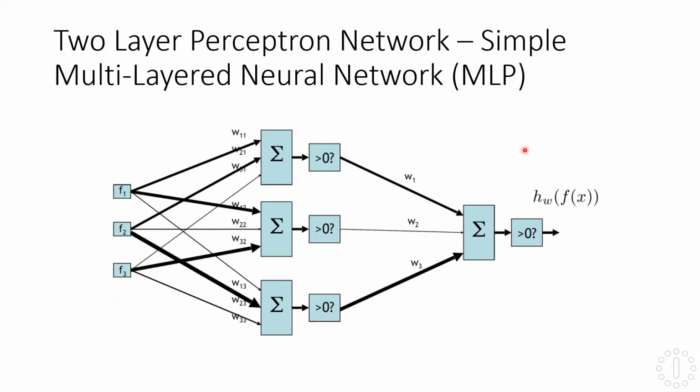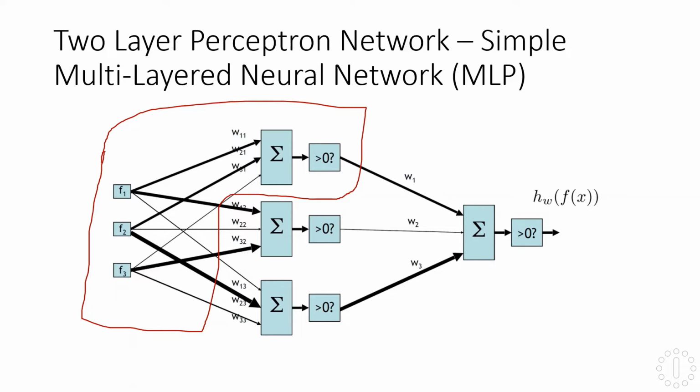So here in this example we have a multi-layered neural network, or a multi-layered perceptron, in which we have connected multiple perceptrons together. If we take a look at this, here are the inputs, and along with this output, this represents one perceptron.